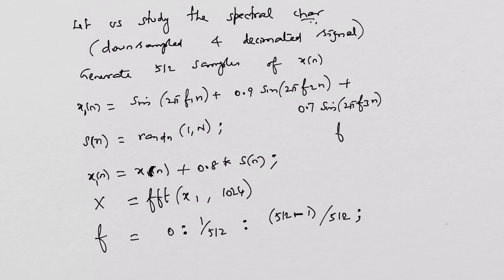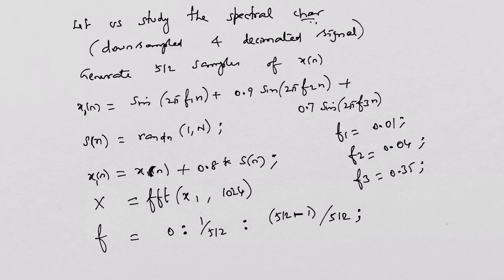Let me define f1 equal to 0.01, f2 equal to, for example, 0.04, and f3 equal to, because the range of frequencies of discrete time sinusoids would be between minus 1 by 2 and plus 1 by 2, let me choose the third frequency as 0.35.